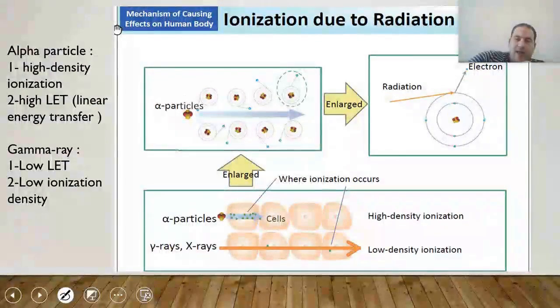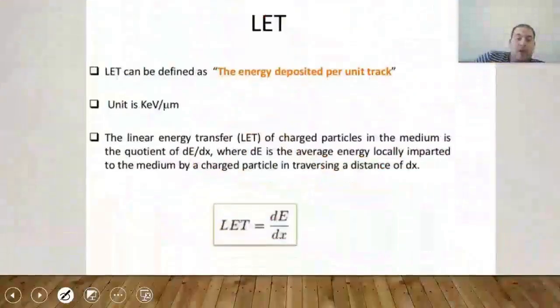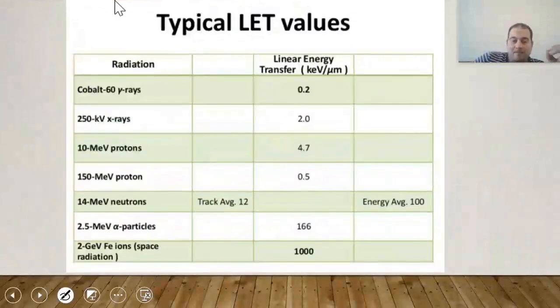When alpha particles enter, they begin to cause significant ionization. The amount of ionization occurring from alpha particles is much higher than that from other types. For example, if we look at the energy deposited per unit of track or per unit of distance, we find that for gamma rays, the energy loss might be around 0.2 kilo electron volts per micrometer, while for protons, it is about 4.7, and neutrons have a different range depending on their type.